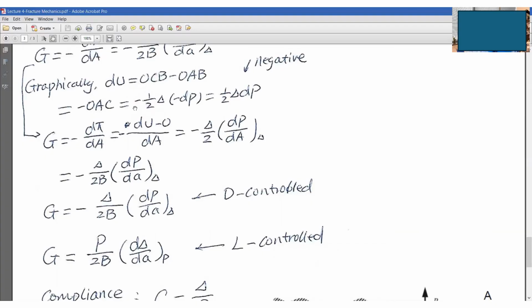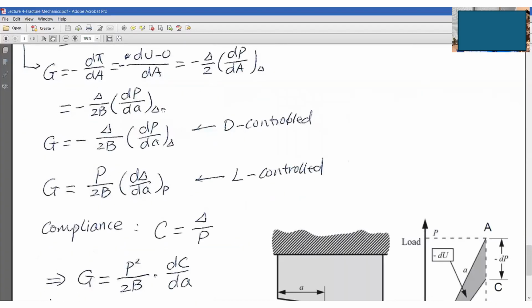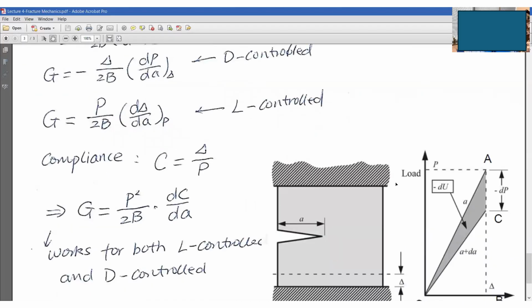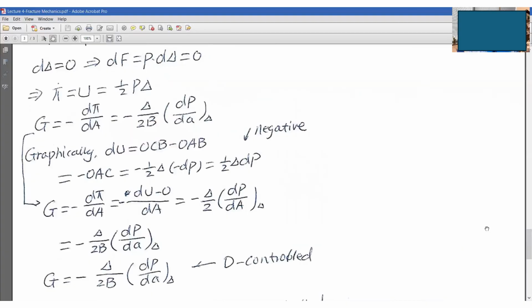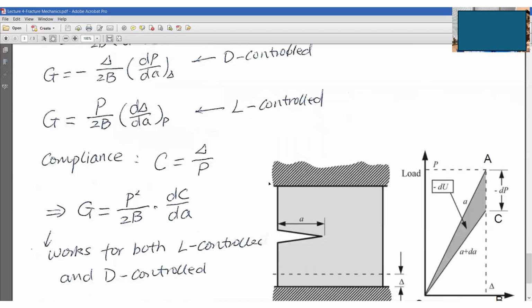Okay, it equals 1/2 delta, 1/2 delta is a triangle, delta multiplied by minus dP. This is minus dP. Right? So this shaded area is dP multiplied by from here to here, so that is the delta.